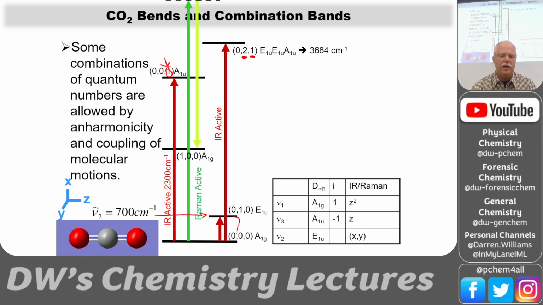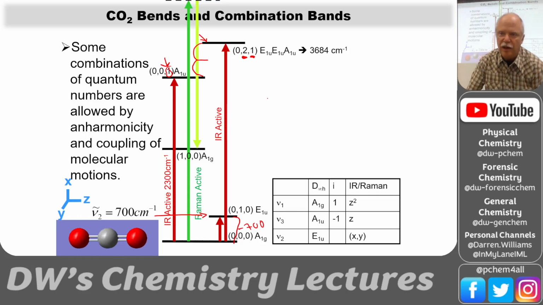This distance right here is about 700 wave numbers, so it's meant to be 1400. It's supposed to be 2 of those units going up. So it's this jump plus 2 more of these that gives you this level right there, and that motion is IR active, that combination of those quantum states.